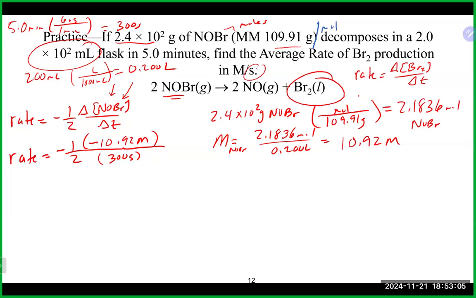The rate needs to be a positive number, so the negative here and the negative here will turn this into a positive number. That would be divided by 300 minus 0, divided by 2. That's going to give us a rate of 0.0181 molar per second. Actually, 2, I could do the rounding there.